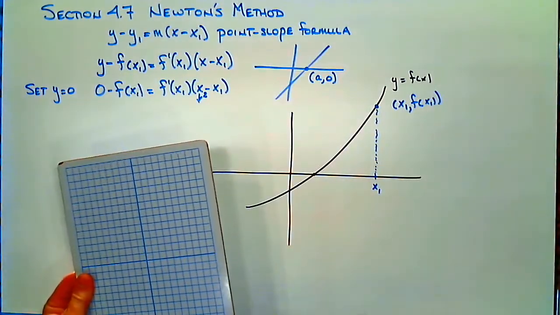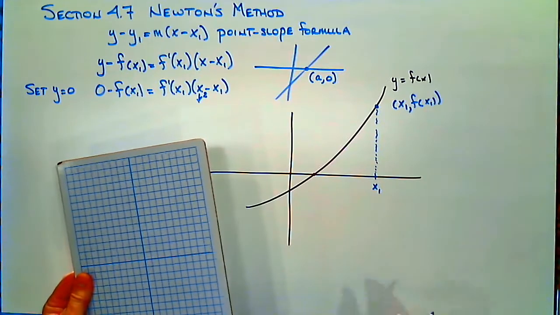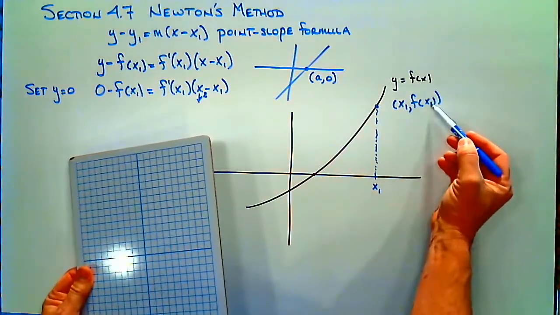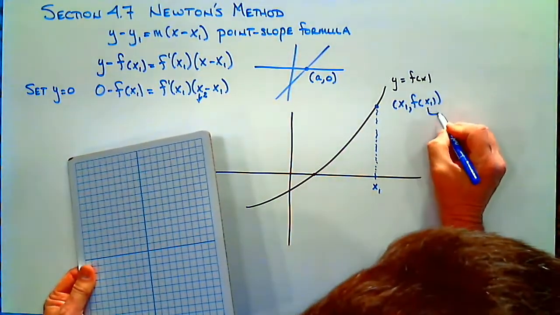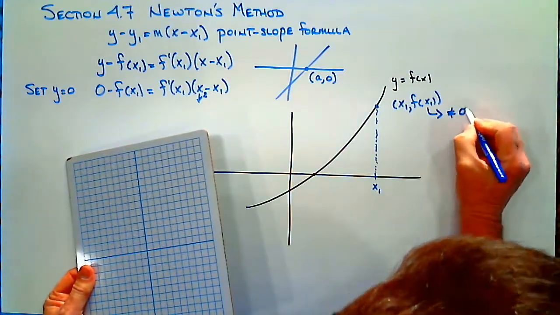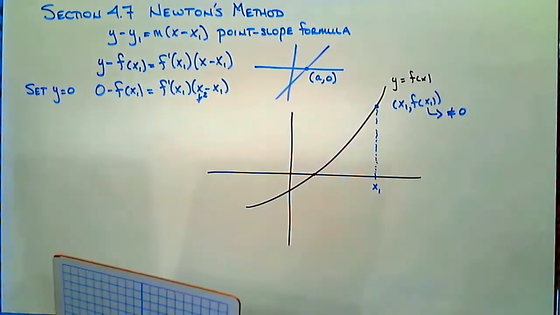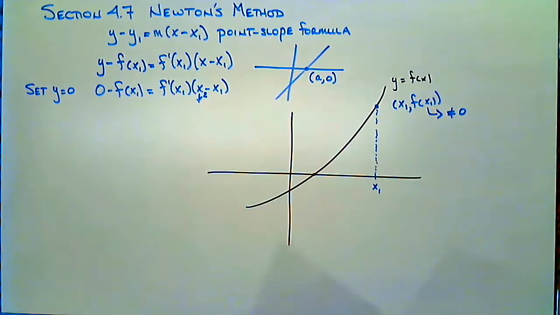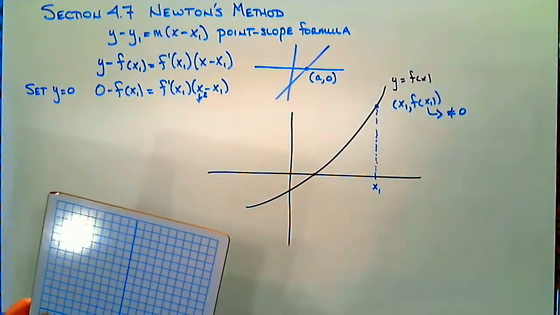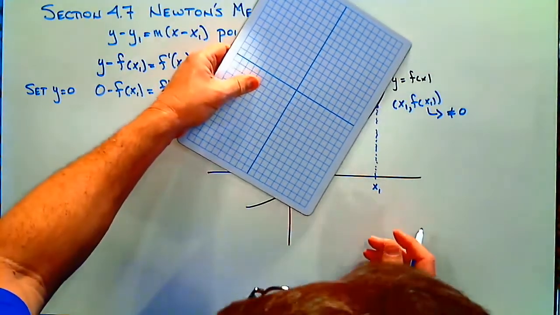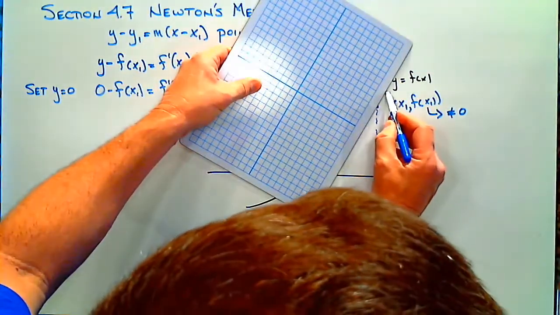And Newton noticed something. He said, well, a funny thing, when I plugged this in, I did not get 0, right? This does not equal 0. If it did, I made the best guess in the world. I guessed, and I found the root on my first guess. Well, we didn't find the root on our first guess. So what Newton noticed is this.